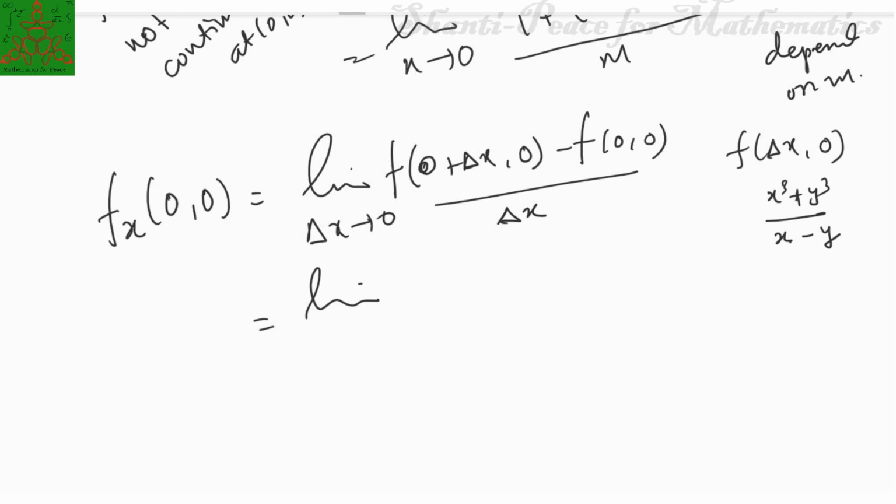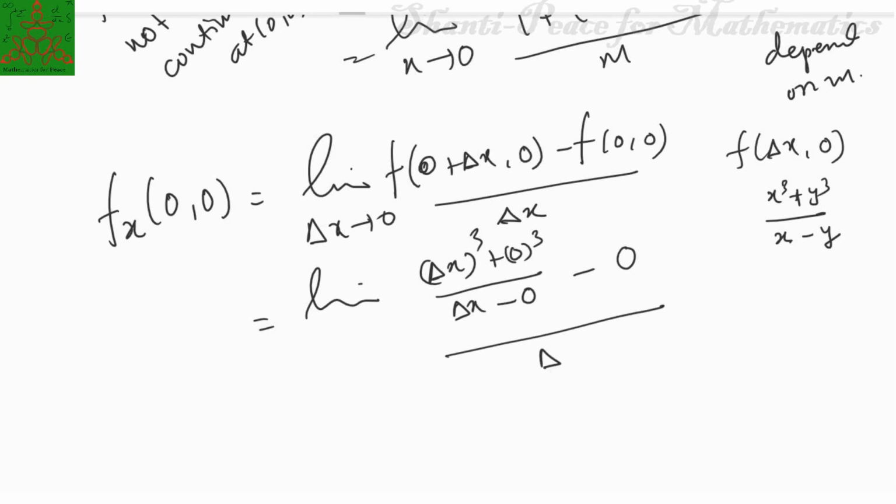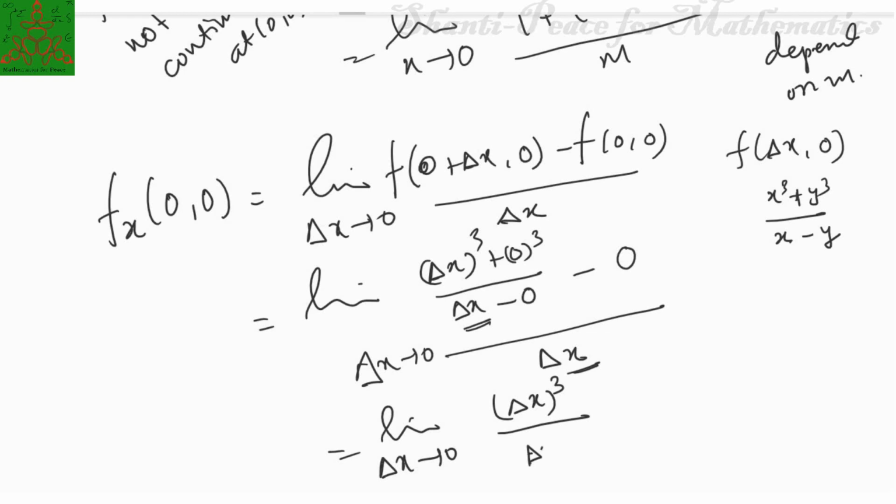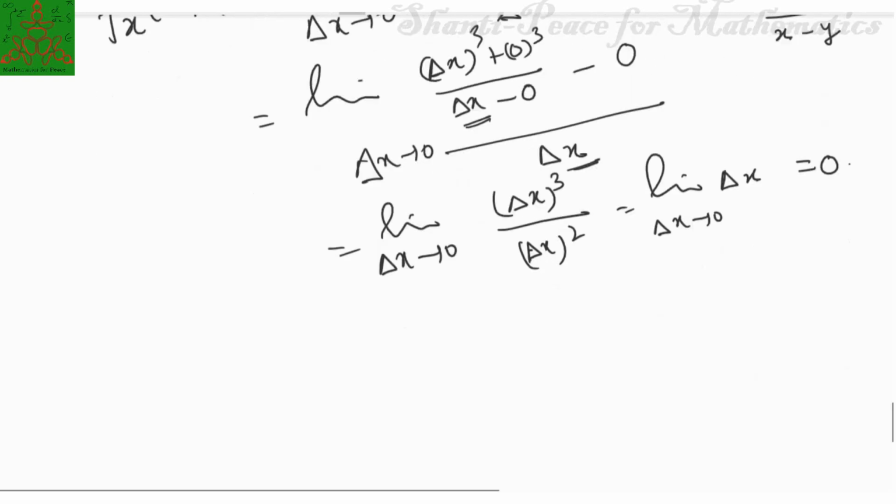So this is (delta x cube minus 0 cube) upon (delta x minus 0), minus f(0,0), which is given as 0, upon delta x. Simplifying, the numerator has delta x cube and the denominator has delta x times delta x, that is delta x square. So finally we have delta x, which as delta x tends to 0 gives the answer 0. So the first order partial derivative exists at the point (0,0).